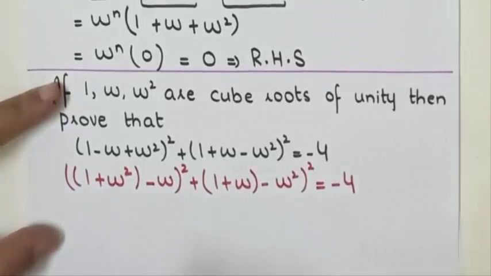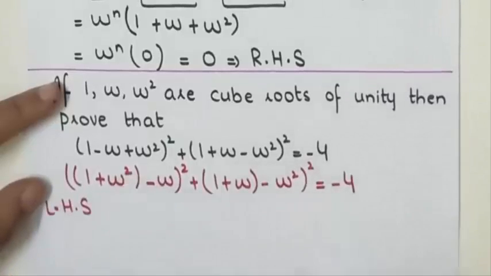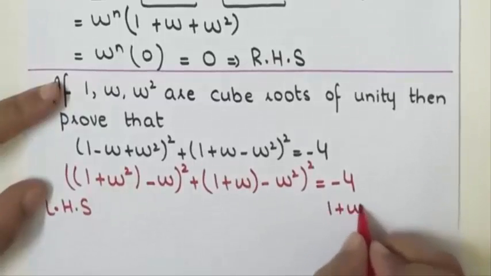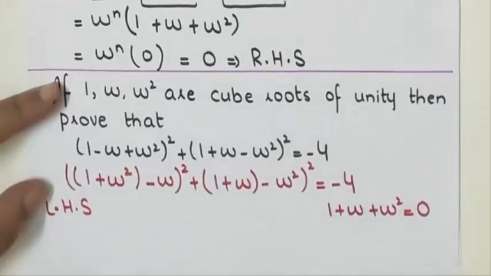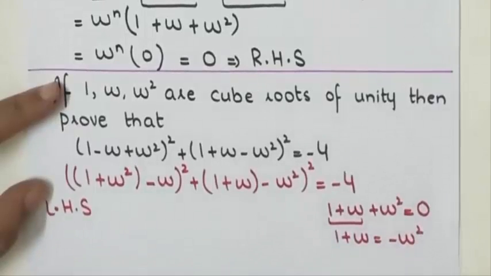Right? So first we will take the left hand side. As we know that 1 plus omega plus omega square is equal to 0. It means 1 plus omega is equal to minus omega square, and 1 plus omega square is equal to minus omega.